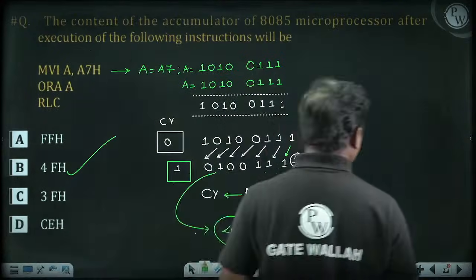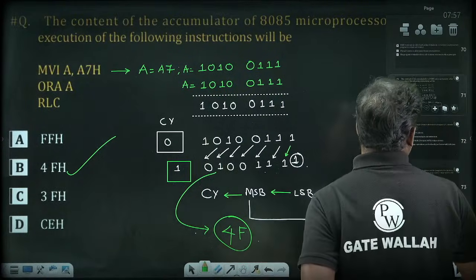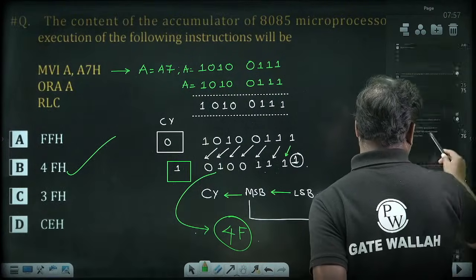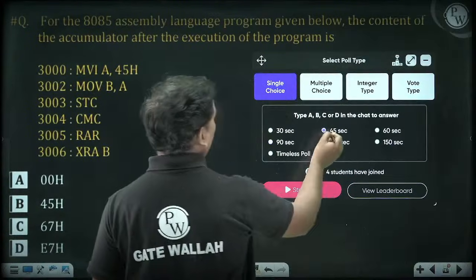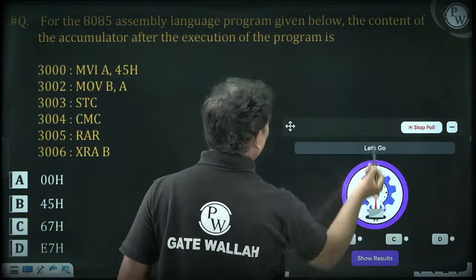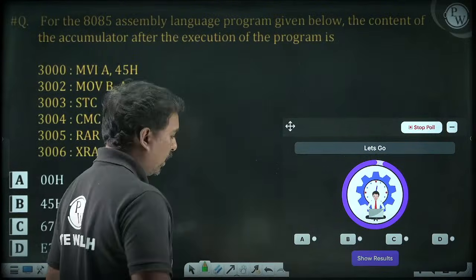Option B is the right answer. So let us go for the next question. Answer this question. Please respond a little, if yes then yes, if no then no.